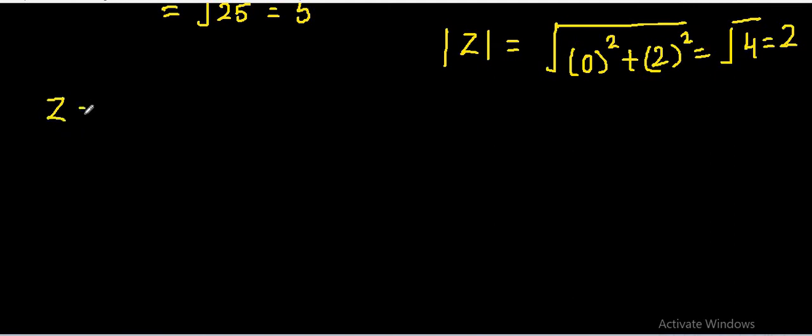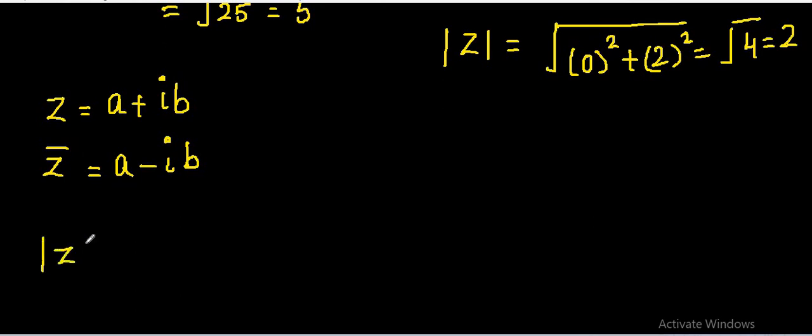A very interesting property of modulus. See, if z is a plus iota b, what will be z conjugate? We will be having a minus iota b. If we calculate mod z, it will be under root real part whole square plus imaginary part whole square, that is under root a square plus b square.